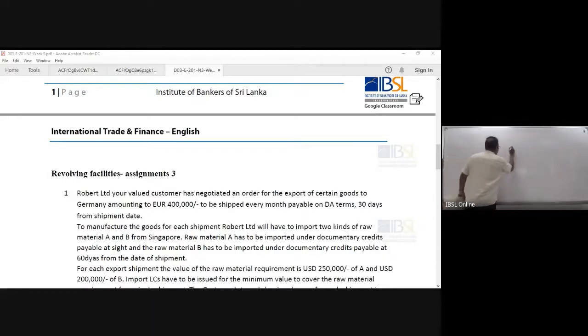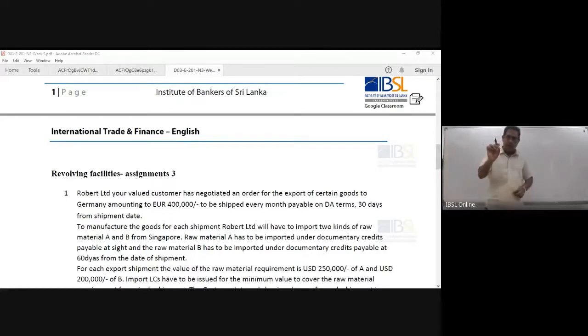This is my timeline against the transaction. LC is open, 90 days from shipment, that is the tenor.